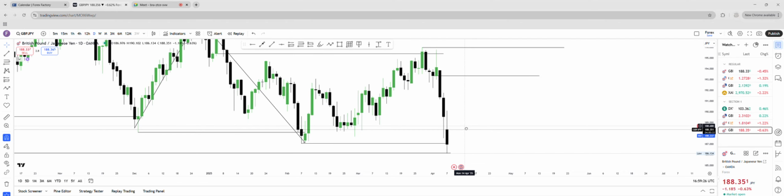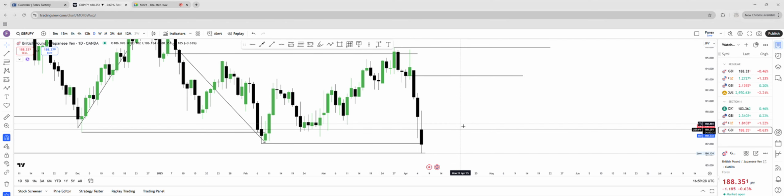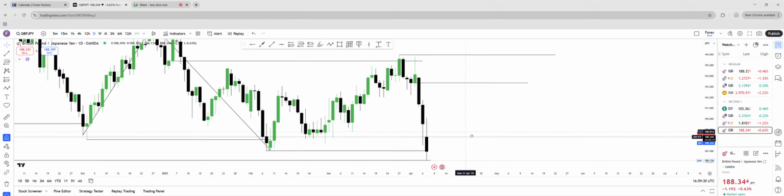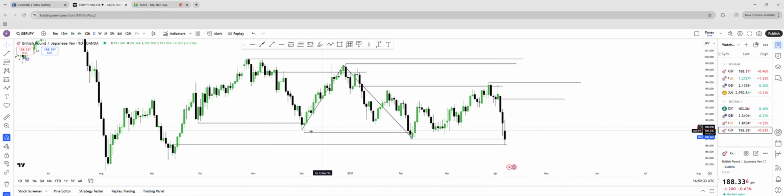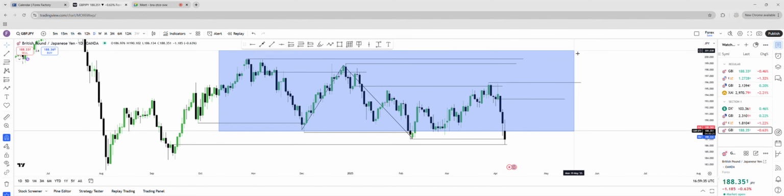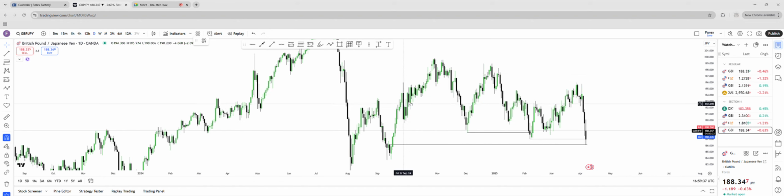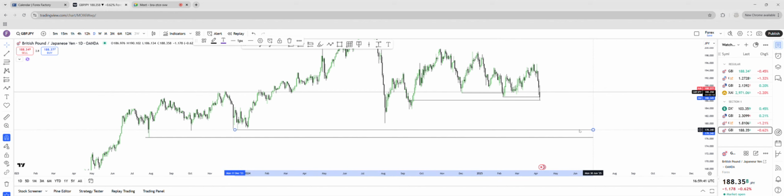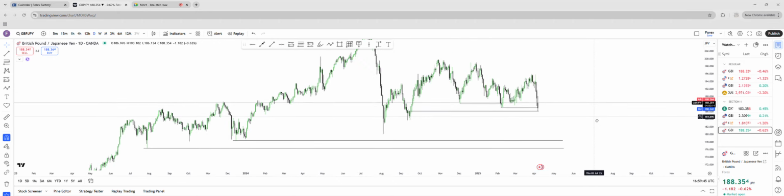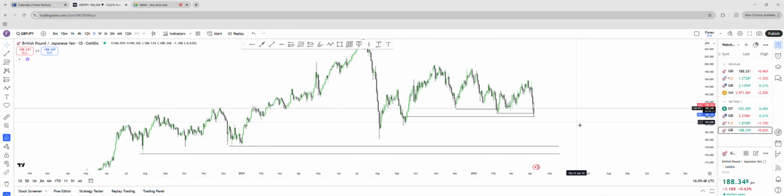Yeah. It showed you a break of structure. Again, this is intraday structure. Remember, this is still our strong low, right? Because of the higher time frame area.